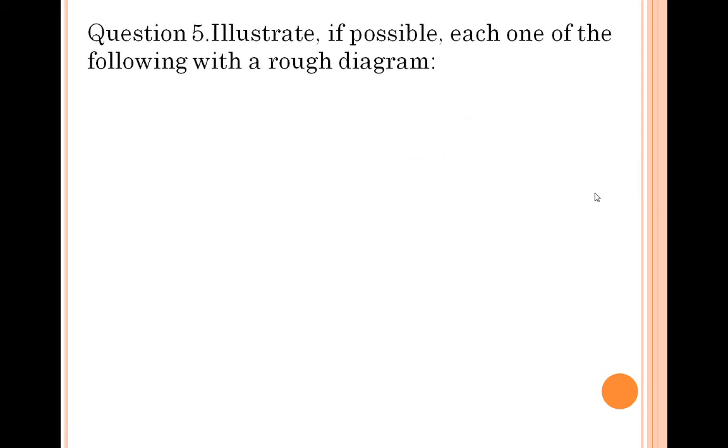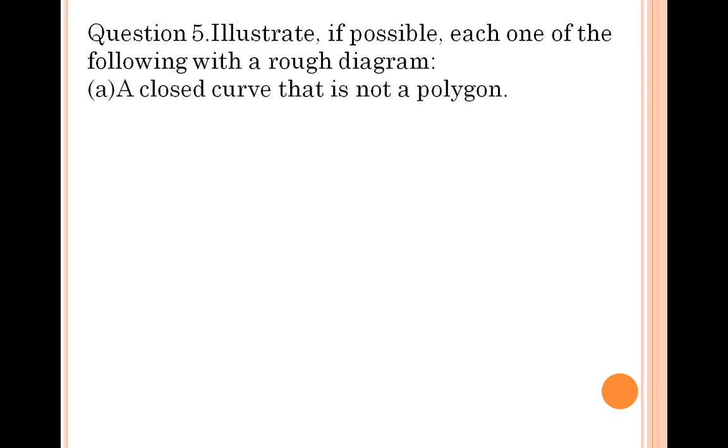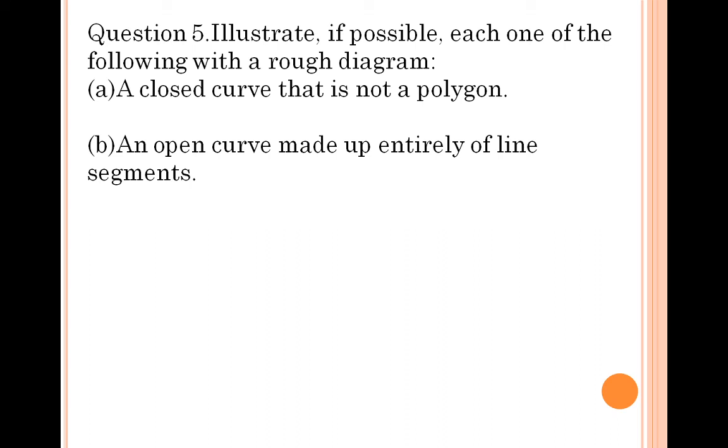Now question 5, illustrate if possible each one of the following with a rough diagram. A closed curve that is not a polygon, an open curve made entirely of line segments, a polygon with 2 sides. So dear students, we will solve the third one first, a polygon with 2 sides.